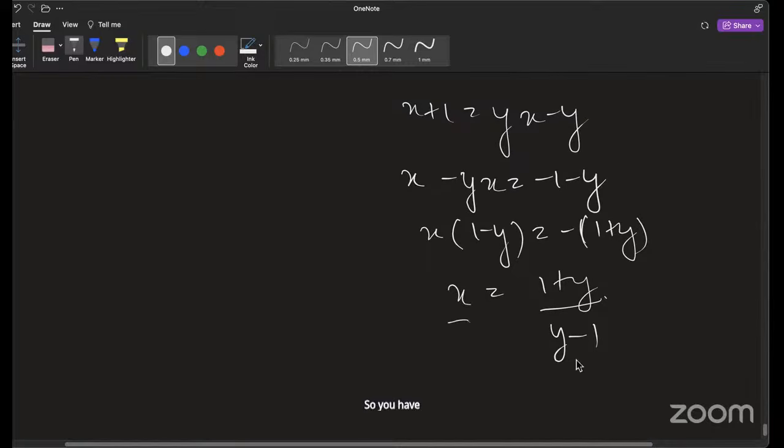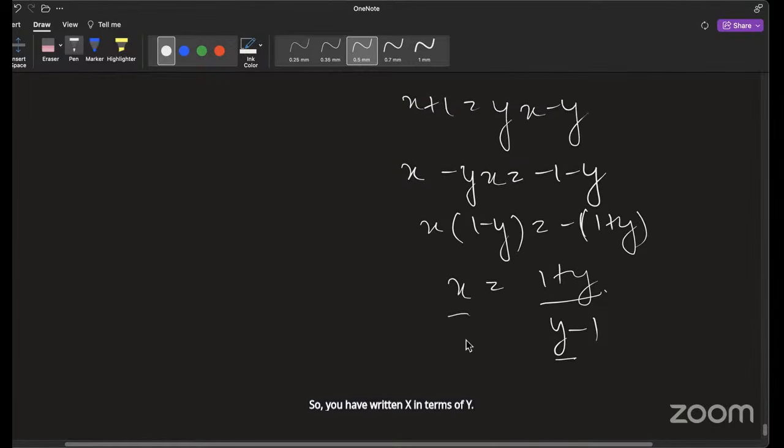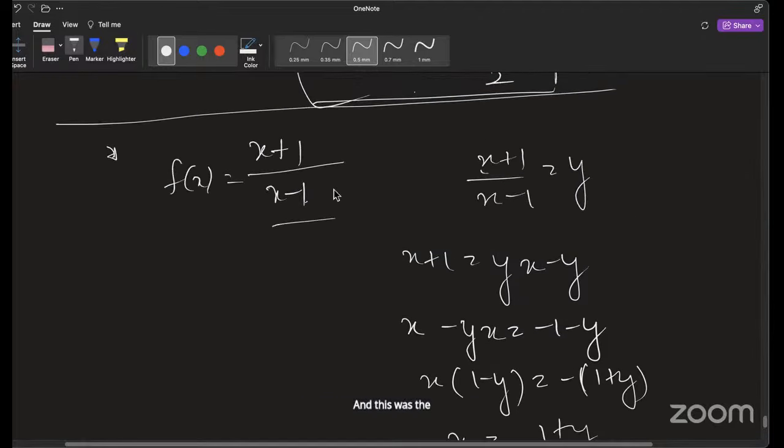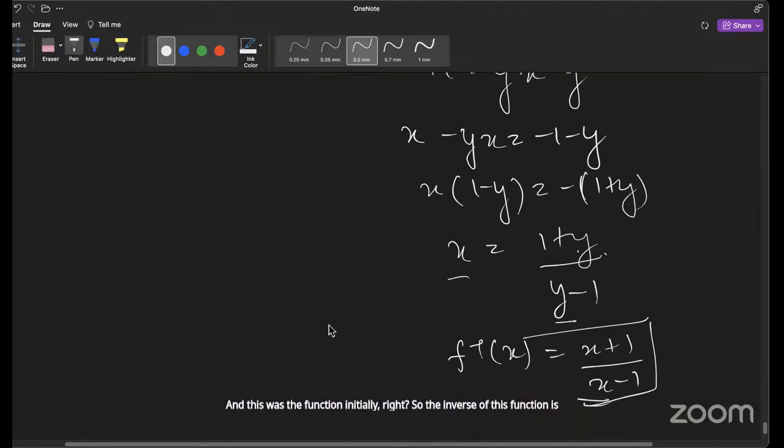So you have written x in terms of y. Now your inverse is going to be, replacing y with x, (x plus 1) by (x minus 1). And this was the function initially, right? So the inverse of this function is this function itself.